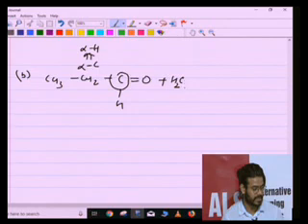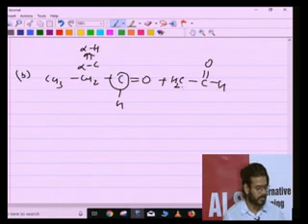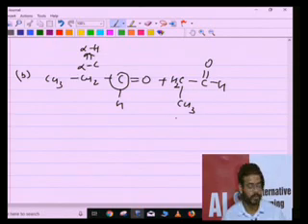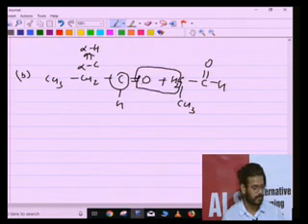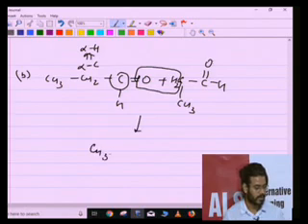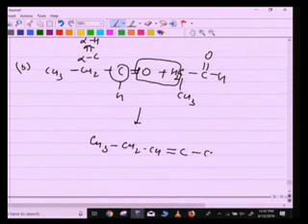So this is H2C with C double bond OH and CH3. As I've already told you, we have to remove the hydrogen from the alpha carbon only. So the product is CH3CH2CH double bond CCHO and finally CH3.